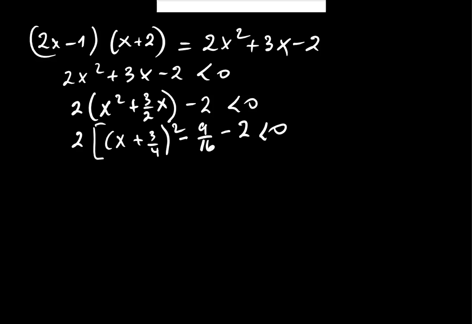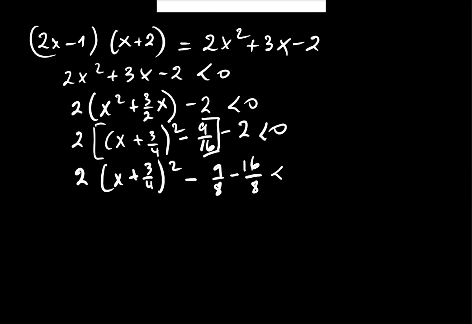And this one I would just put it here to compensate for the 2. So now if I develop this, I would say 2 factor x plus 3/4 squared minus 9/8 minus 16/8 less than 0.